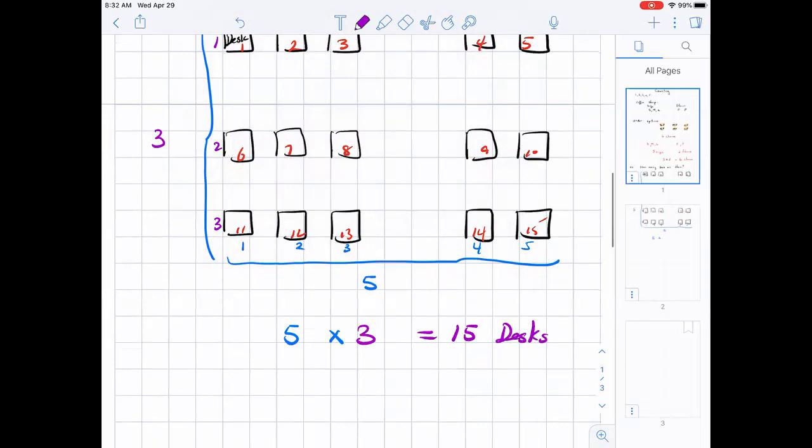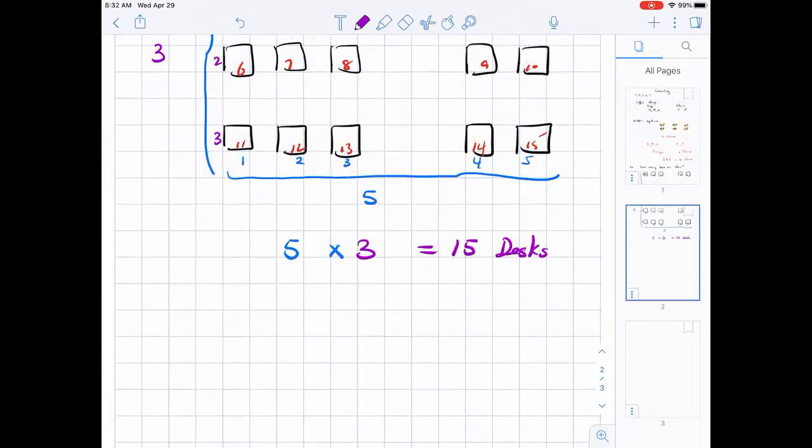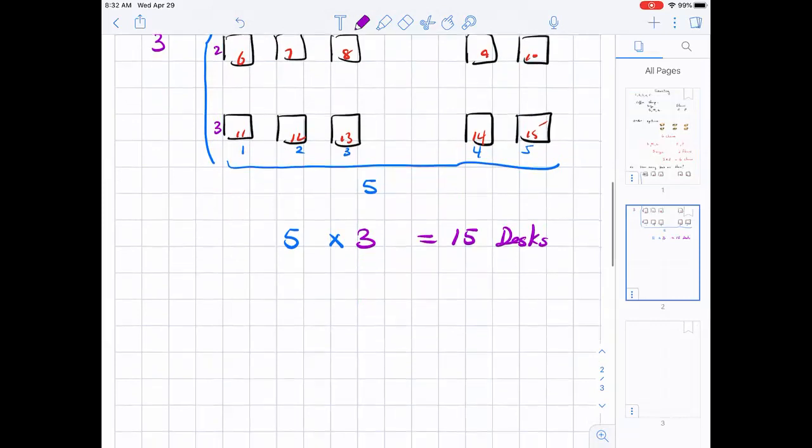So what we're really doing here is called the fundamental counting rule.